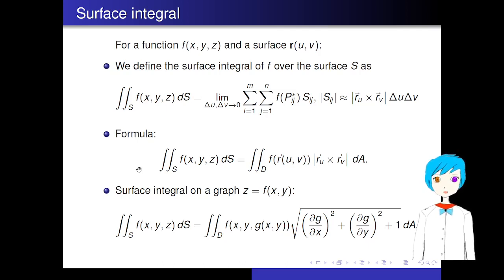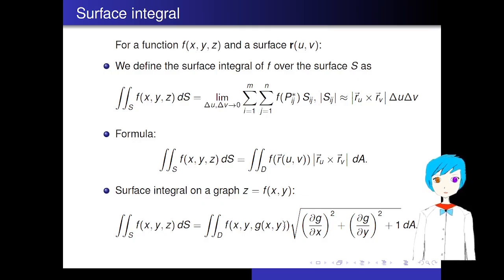The formula is the integral over the surface of f(x,y,z) dS, which is the integral over the domain D of the two parameters of f(r(u,v)) times the norm of Ru cross Rv dA.